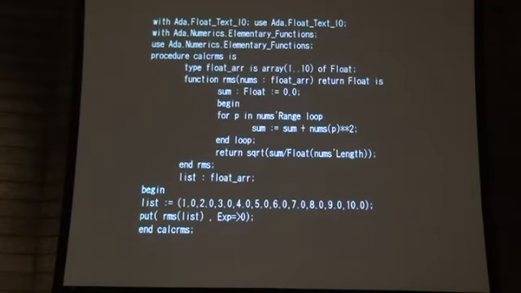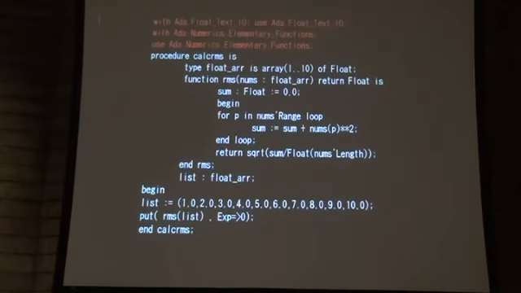Of course, I hadn't written Perl yet. It was a lot better than Pascal, but it makes you say a lot of things. You must say, with Ada float text IO, use Ada float text IO, with Ada numerics elementary functions, use Ada numerics elementary functions. I hope you like to type.